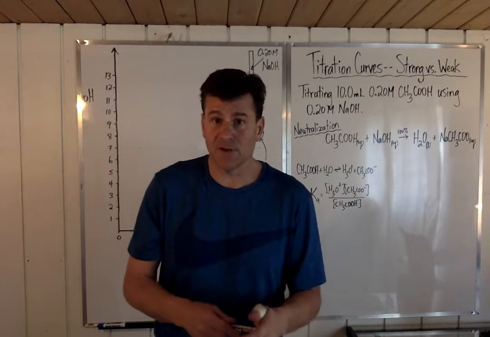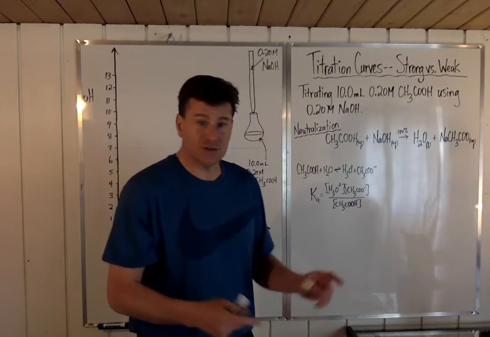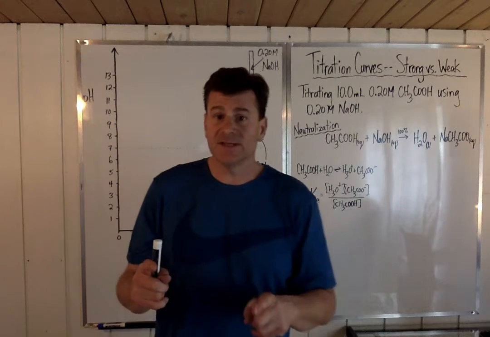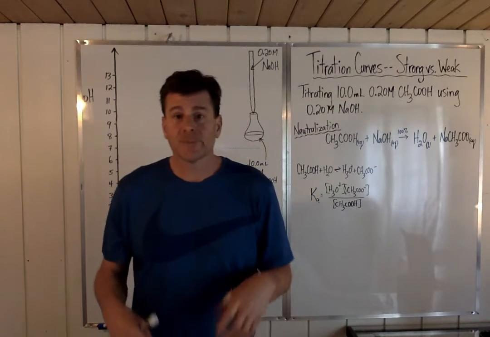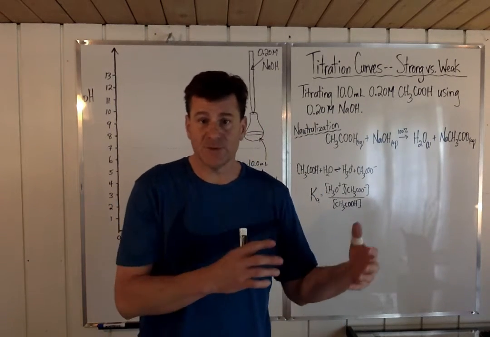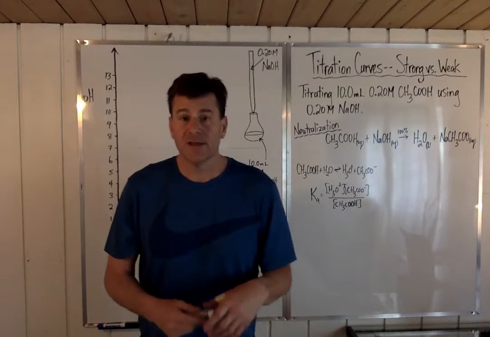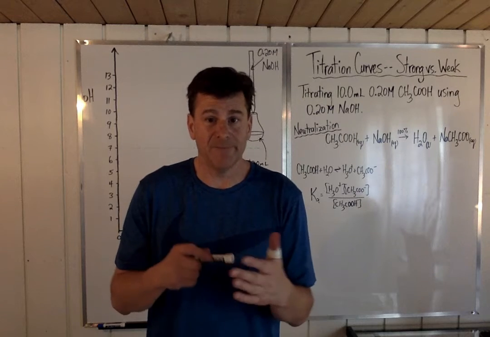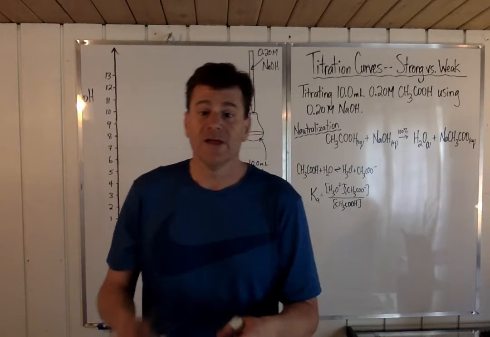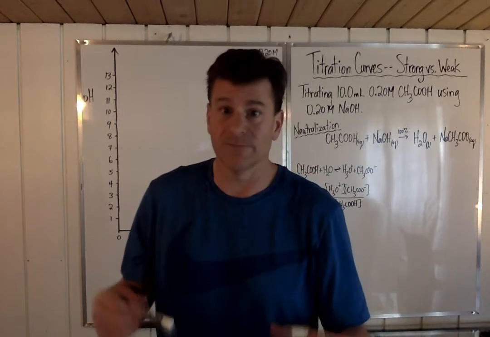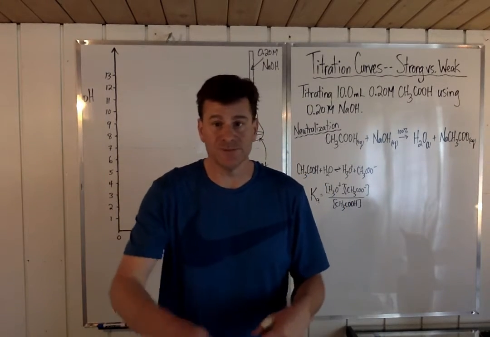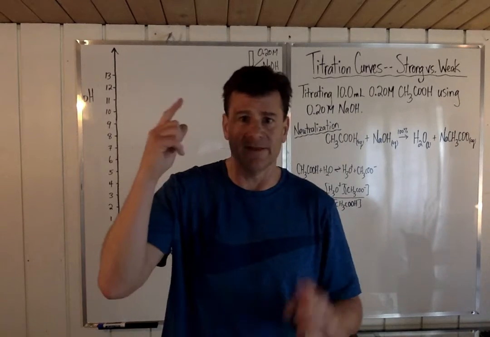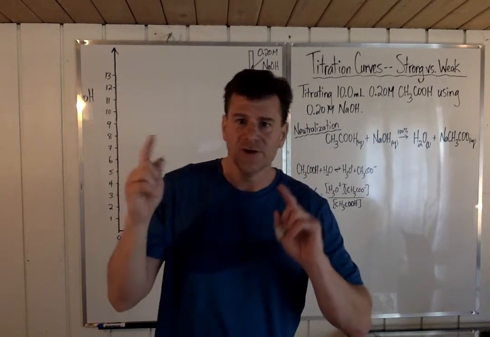Because the neutralization is 1-to-1, and the sodium hydroxide forces this reaction to go 100% towards the products, if the acid concentration is 0.2 and the base concentration is 0.2, they are going to require equal volumes to hit the equivalence point. I did that on purpose so that the math doesn't get crazy.